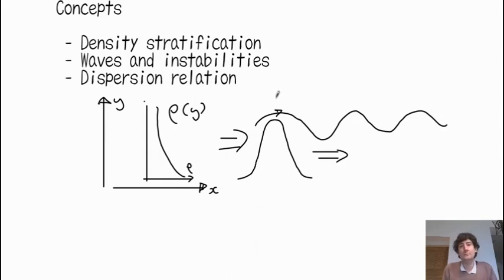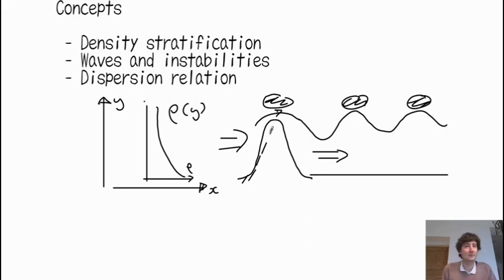And quite often the tops of these will form clouds. As the air moves up, the water condenses and forms clouds, and so you see these stripes of cloud across the sky. You've probably seen this many times. This kind of explains why this happens. This is an old mountain. Air is moving over the top of the mountain and oscillating, and it's oscillating because there is a density gradient.